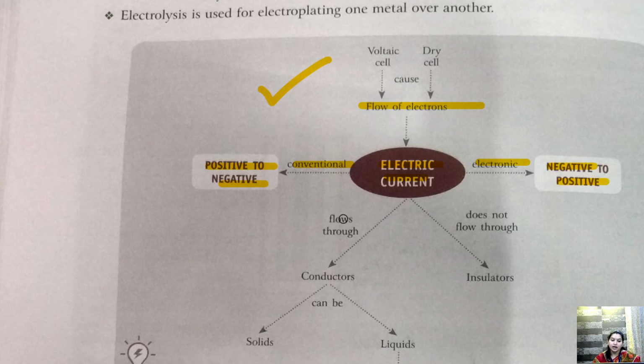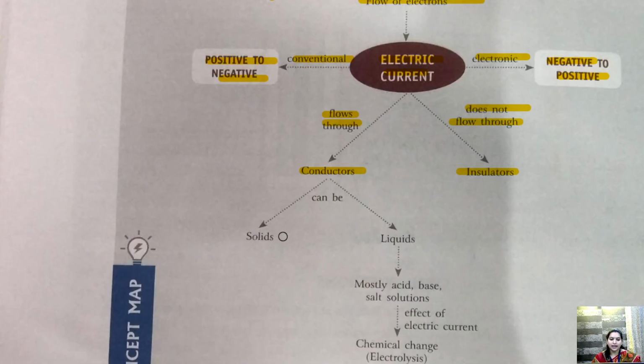Okay. Now, the object through which current flows, we call it a conductor. If an object or a substance does not allow the current to flow, it is called an insulator. A conductor can be of two types, solids and liquids. Solids we have studied earlier.